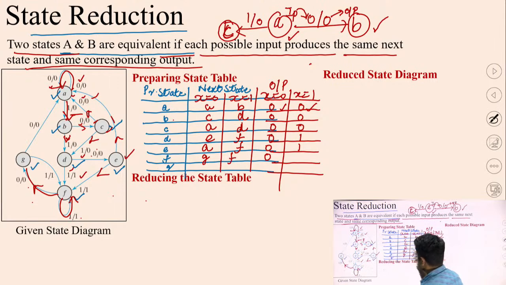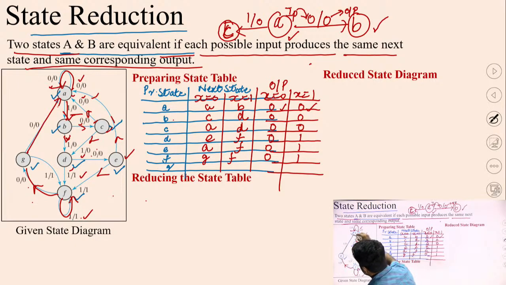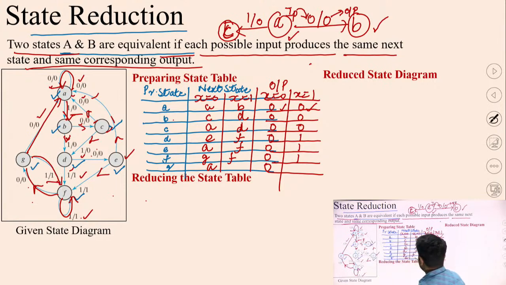F next state will be F only if you apply 1, and the output will be 1. Last, G, this 0/0, that means if you are in G and you get a 0, you will reach A and output will be 0. And this second branch of G, 1/1, that means if you get input as 1, the next state of G will be F and the output will be 1.